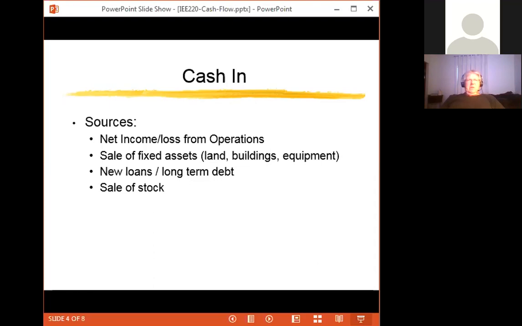So a company might say, I need to borrow some money in order to get through a time where I really expect to have a loss in operations so that I can get back to good financial health when the situation resolves itself.